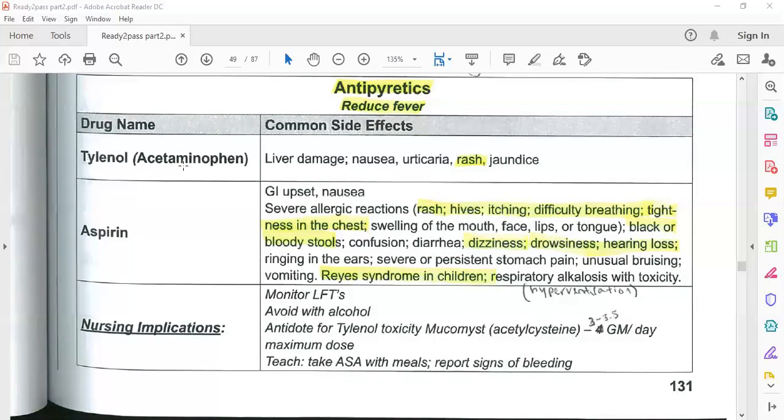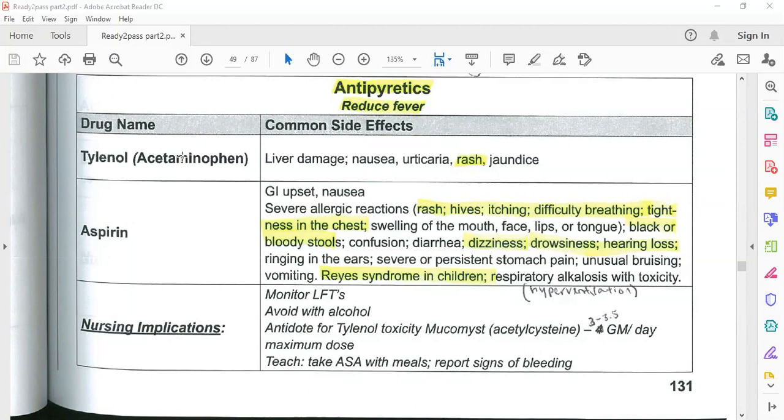So the acetaminophen, I already told you, but let me recap it again. What are the uses of acetaminophen? Acetaminophen basically we use for mild to moderate type of pain or mild to moderate type of fever.